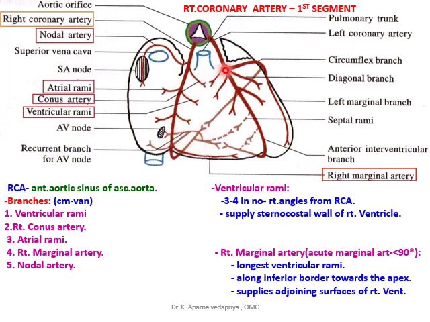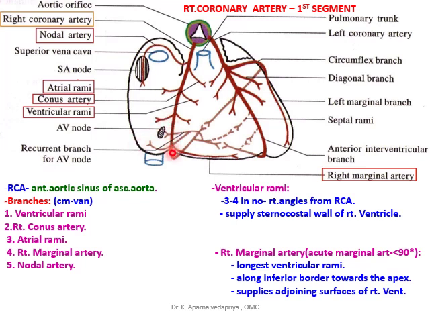So this is the atrioventricular groove. This is the right atrium and the left atrium, the right ventricle and the left ventricle. So this right coronary artery descends down and to the right in the right part of the atrioventricular groove on the sternocostal surface.